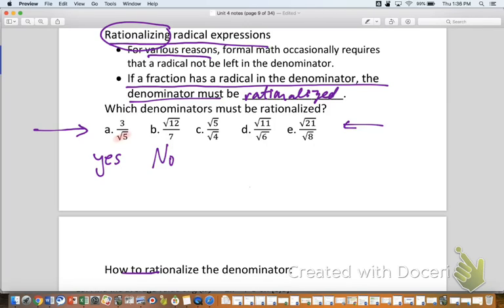I could be wrong, but since there's a radical on the top and the bottom, I thought it was the same as just having one big radical over the entire thing. I don't think that needed to be fixed. There's definitely a lot of truth to what you're saying. The square root of 5 over the square root of 4 could be rewritten as the square root of 5/4. We've talked about that the last couple of days. You're 100% correct.